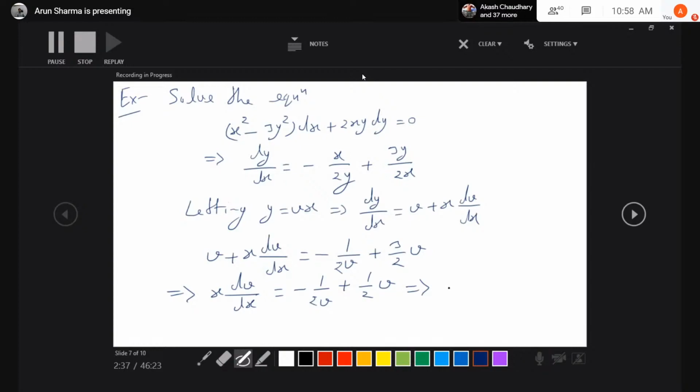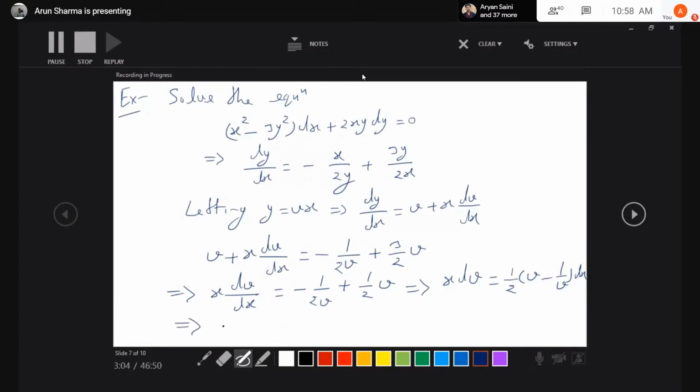Okay, so now it is x dv equals to 1 upon 2v minus 1 upon v dx.